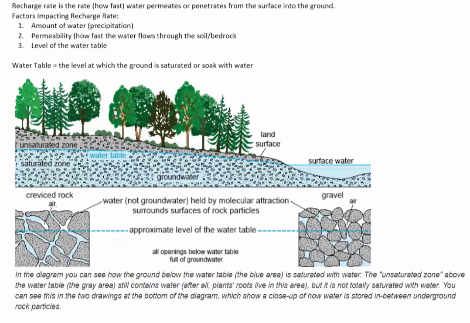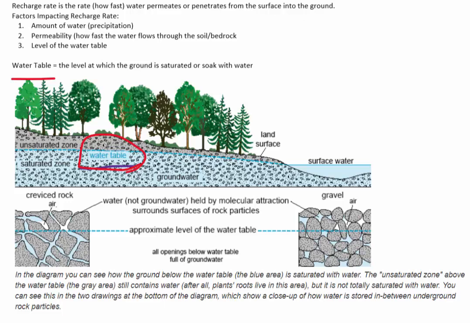Okay, so this is the big concept that we've been working towards. The water table is, if you look in the diagram here, let me pick a better color that you guys can see. Right there, that's the water table. And the water table is the level at which the ground is saturated or soaked with water.